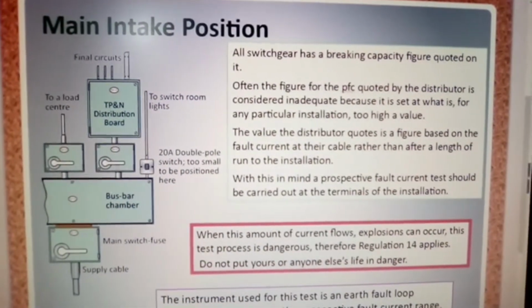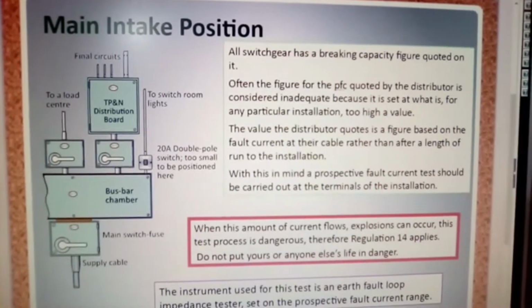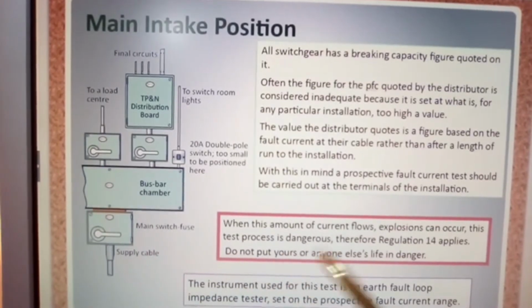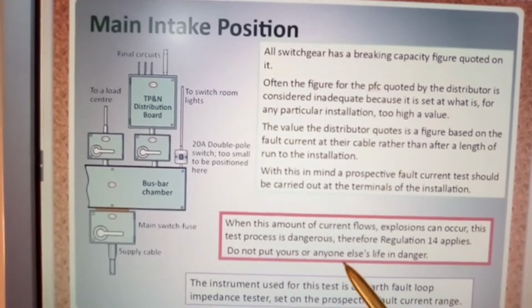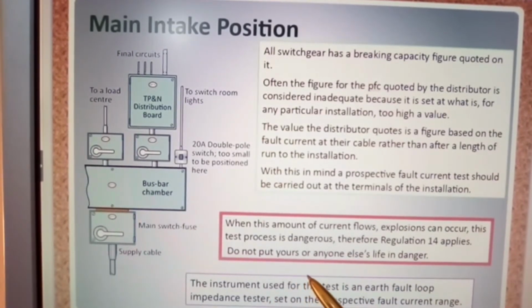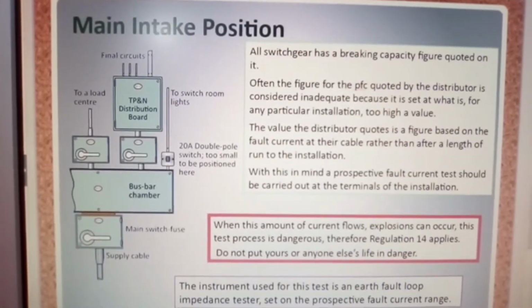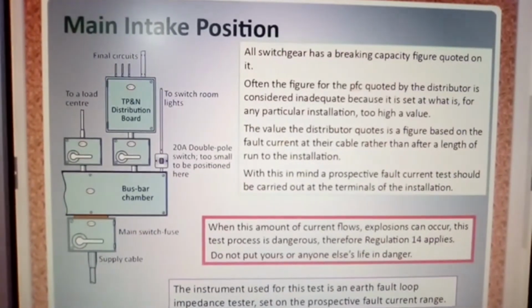Now be aware that when it says here, when this amount of current flows, explosion can occur. This test process is dangerous. Therefore, regulation 14 applies. Do not put yours or anyone else's life in danger. Now, excess current can cause massive problems and massive explosions.